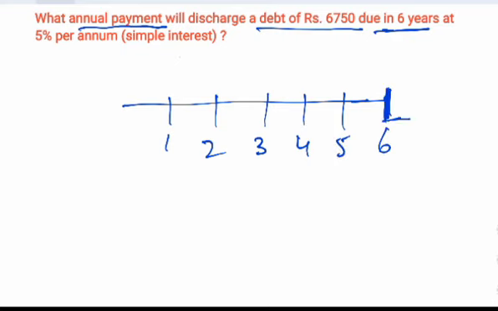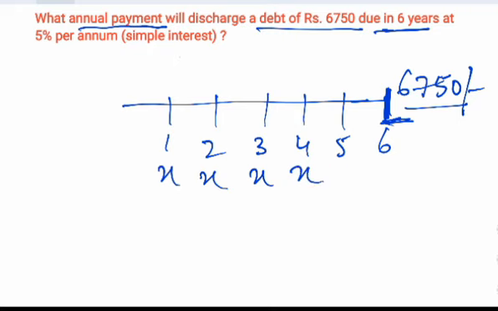That is, we have to pay that debt at this point of time, and this debt is of rupees 6750. But we will make annual payment of rupees, let us suppose X, and what annual payment will discharge this debt?